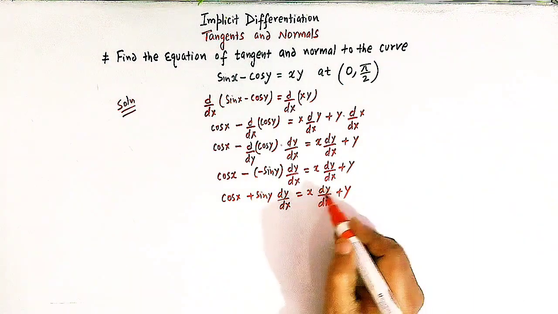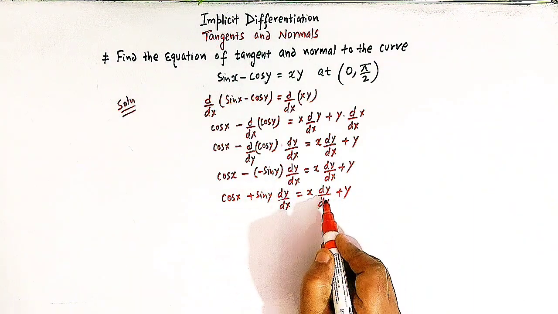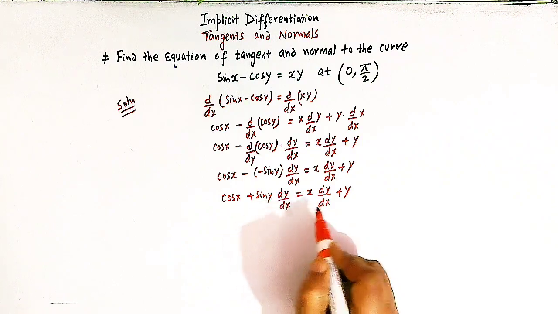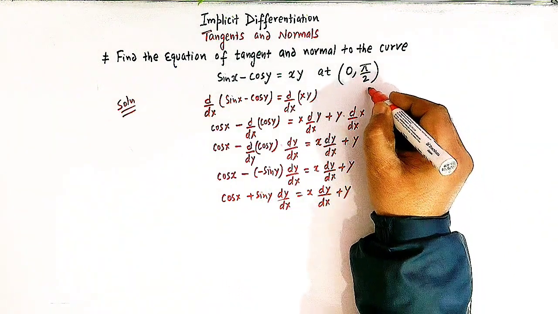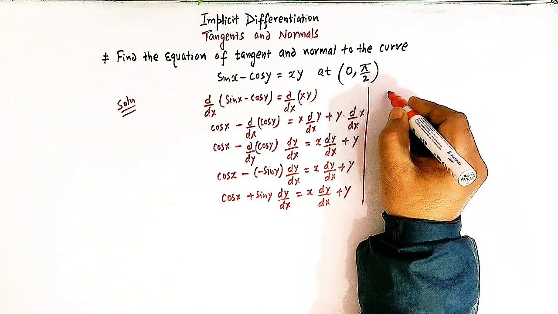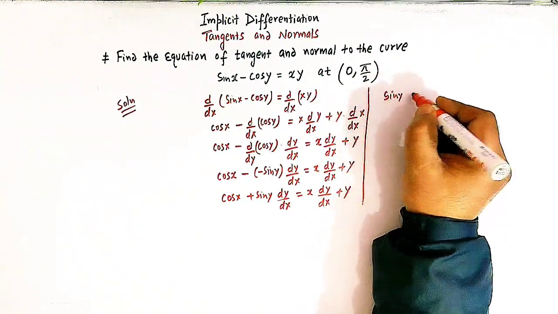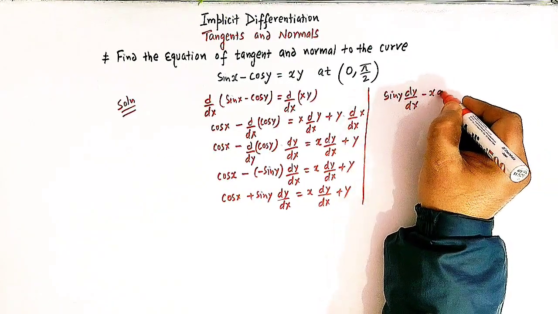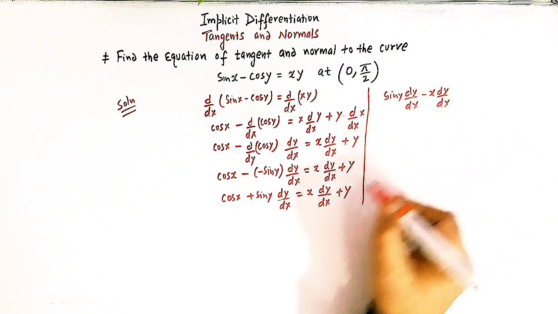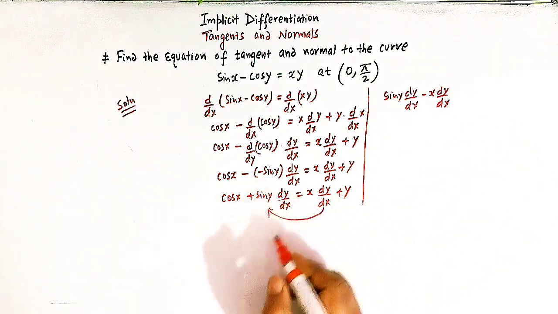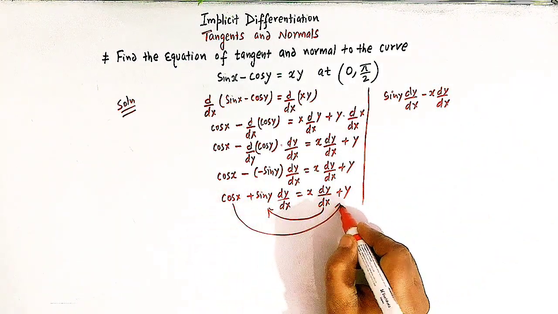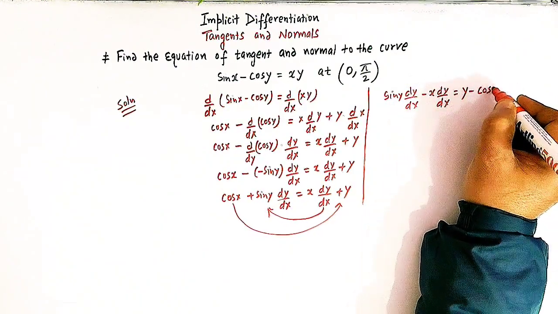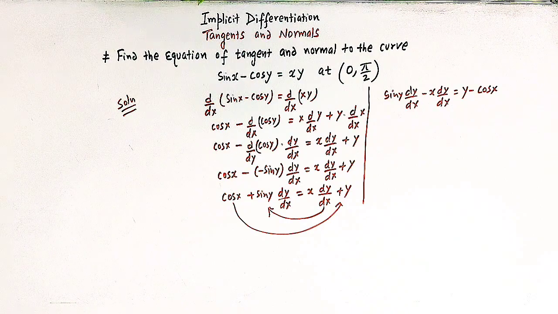Now let us rearrange the terms, taking the terms containing dy by dx together. So we can now write sin y dy over dx minus x dy over dx. Taking this term to this side and this term to this side, we have y minus cos x.